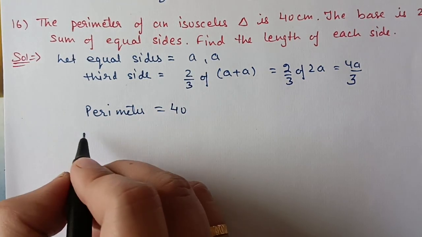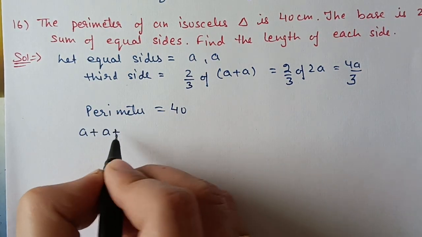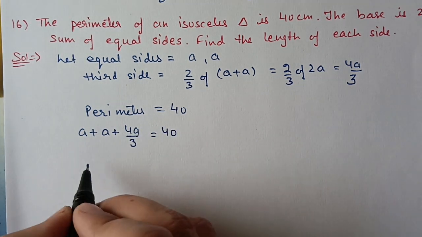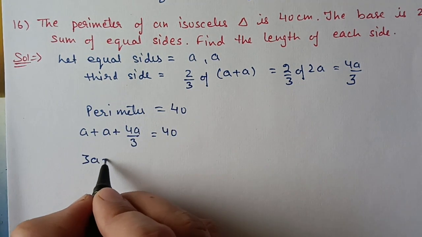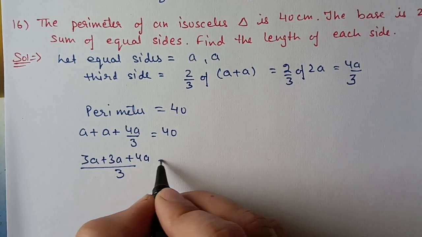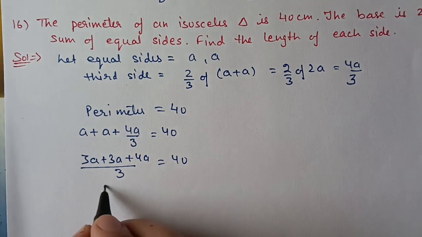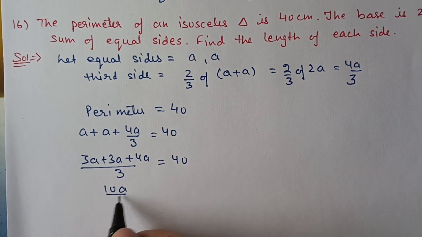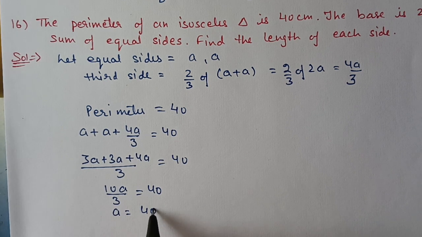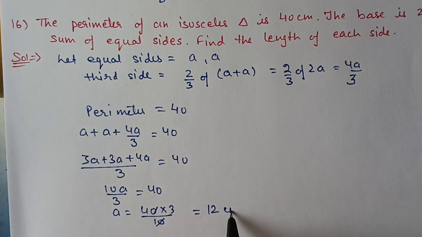Perimeter means sum of all three sides, means A plus A plus 4A by 3, which is equal to 40. We will take LCM here, we will get 3A plus 3A plus 4A by 3 equal to 40. So 10A by 3 equal to 40. So A is equal to 40 into 3 by 10, means 12 centimeter.